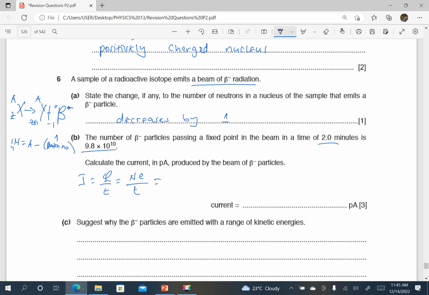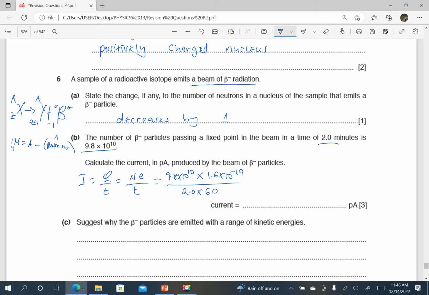The number of beta particles is 9.8 times 10 power 10. Each beta particle has a charge of 1.6 times 10 power negative 19. The time is 2 minutes, which is 2.0 times 60 to change it to seconds.